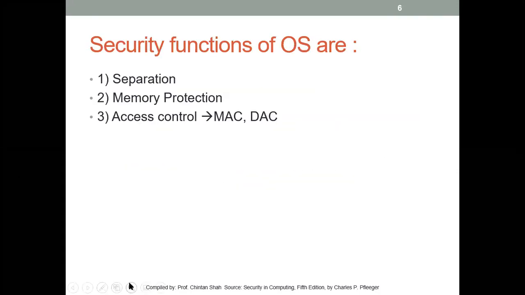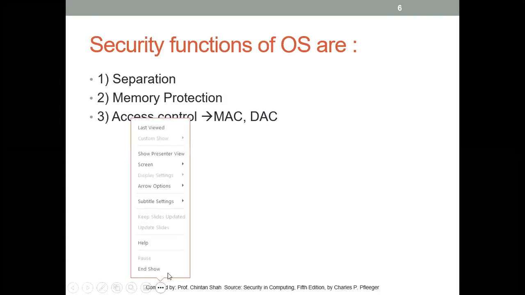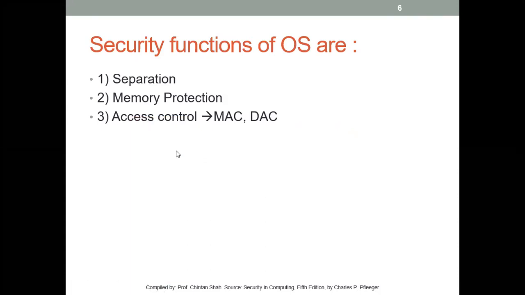Okay, so we are going to start with the first security function of operating system, which is separation. What does separation mean? Whenever I say separation, it means keeping one user's objects separate from other users.